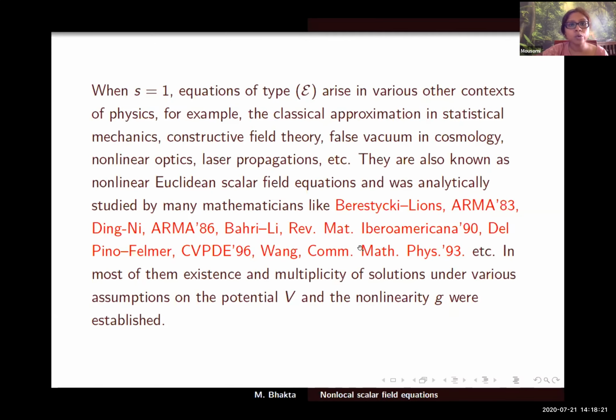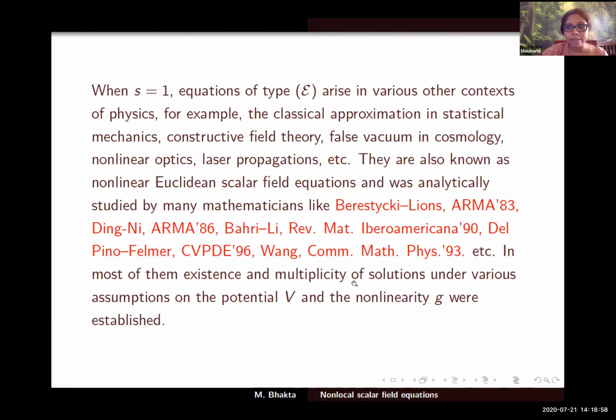Now I go back to the standard classical case s equals 1. For s equals 1, this kind of equation appears in many physical contexts, for example statistical mechanics, false vacuum in cosmology, nonlinear optics, laser propagation, etc. They are also called the nonlinear Euclidean scalar field equation. Mathematically, it was studied by many mathematicians, started by Berestycki-Lions in 1983, and afterwards there were many studies, with some famous papers in this area by Ding-Ni 1986, Bartsch, Del Pino-Felmer 96, and Wang 93.